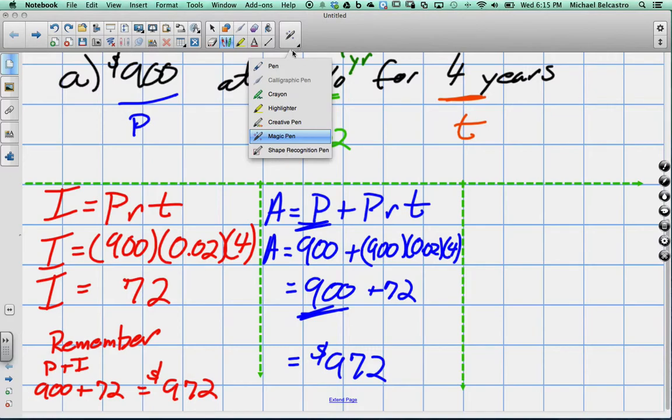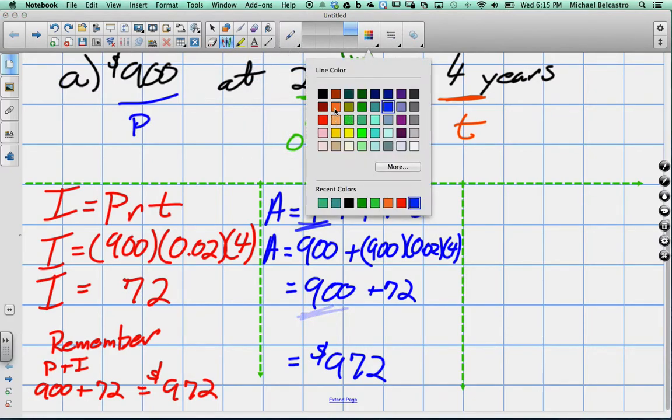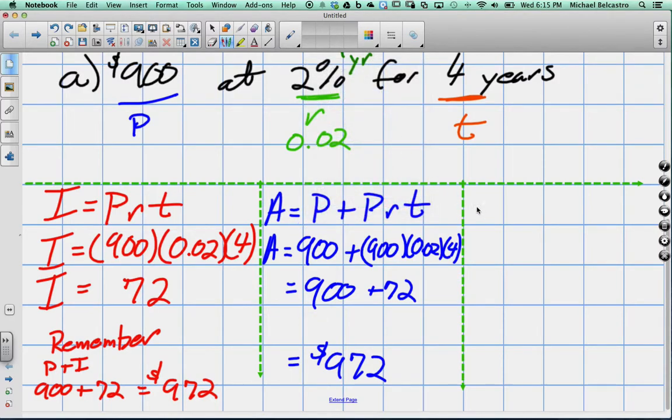The last one that we're going to try here, maybe we'll do this one in orange. That's the one that says the amount is equal to P times 1 plus RT. A little bit different in the calculating. We'll see if we get to the same answer. The total amount is equal to the principal, P, which is 900, times 1 plus R is 0.02, and T is 4.